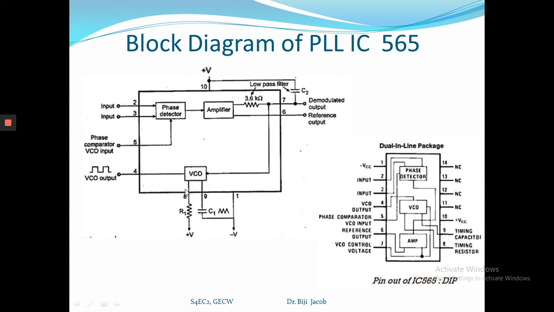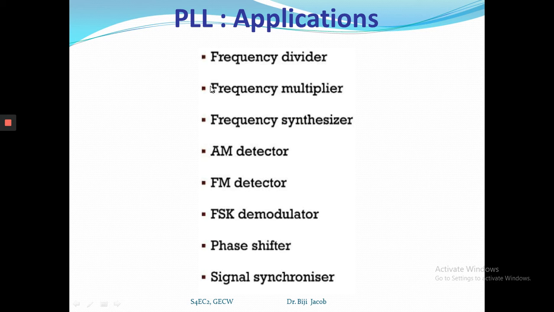The VCO free running frequency is determined by the externally connected resistance R1 and capacitance C1, so depending upon their values, you can control the free running frequency of the VCO. The VCO output waveform is a square wave, and across the capacitance you have a sawtooth waveform. This is the negative supply to the PLL 565. Pin number 10 is the positive power supply.